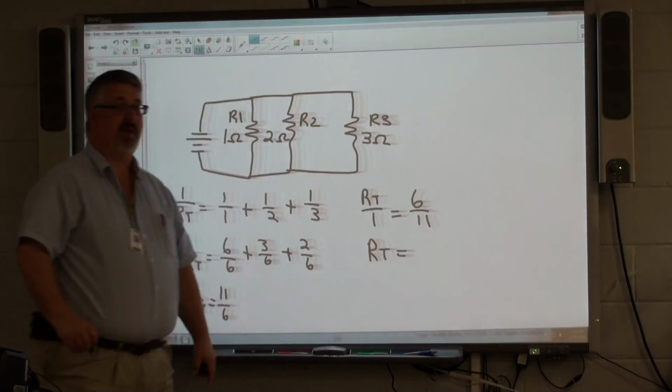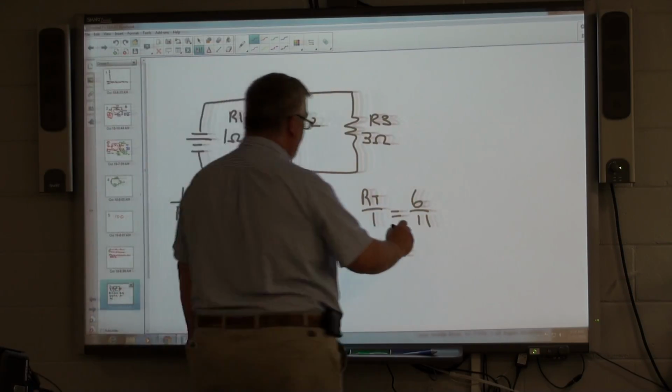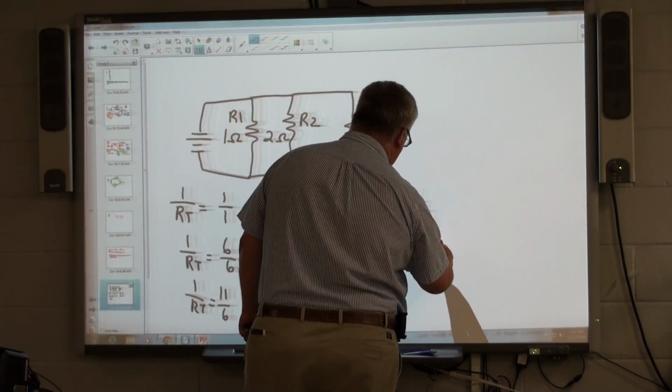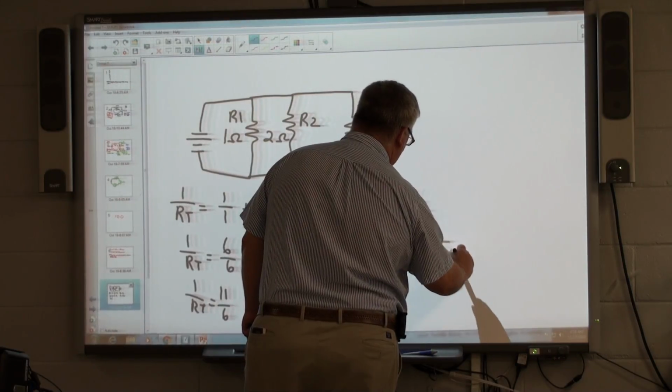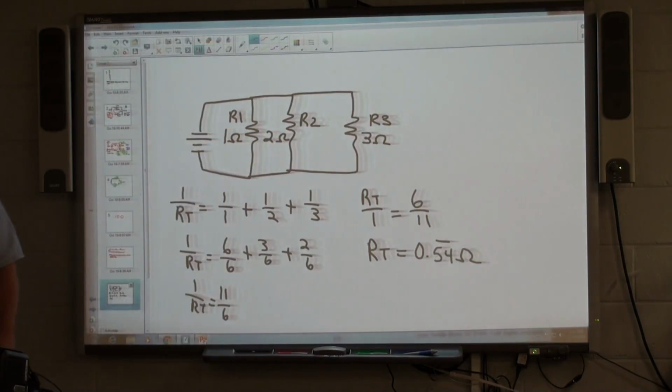What is 6 divided by 11? 1.1. Oh, no. 0.5454, so it's repeating. 0.54 ohms. Well, 0.54 ohms is indeed less than 1, so we are potentially correct.